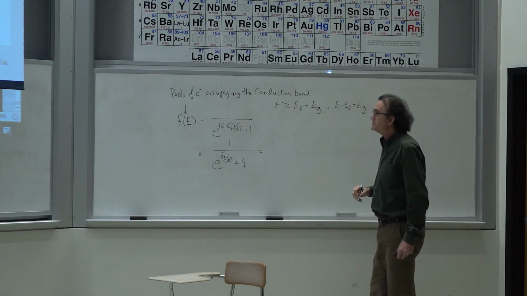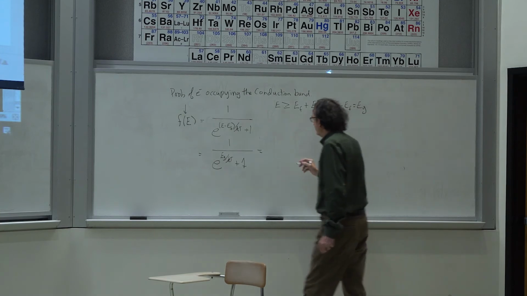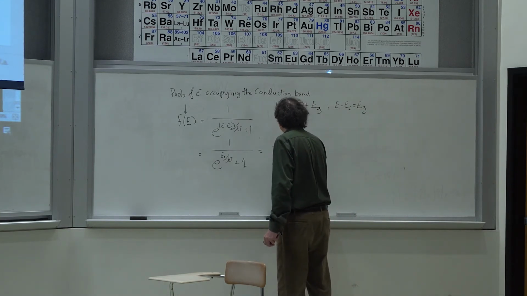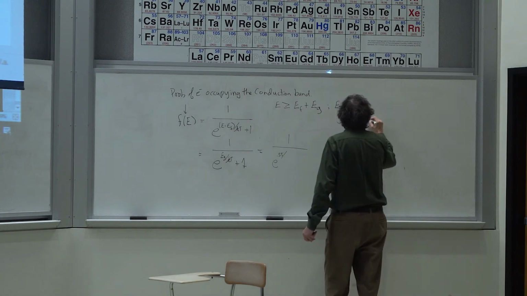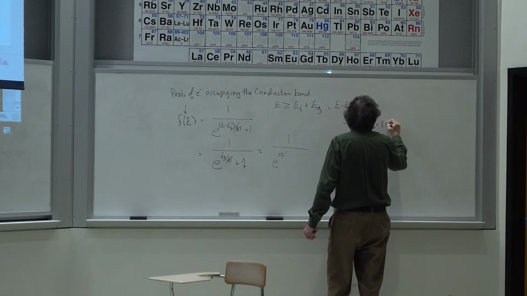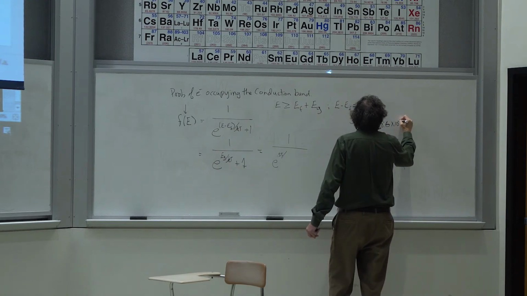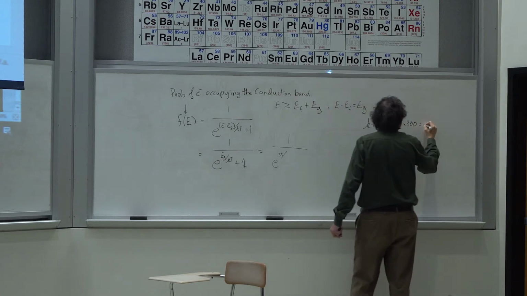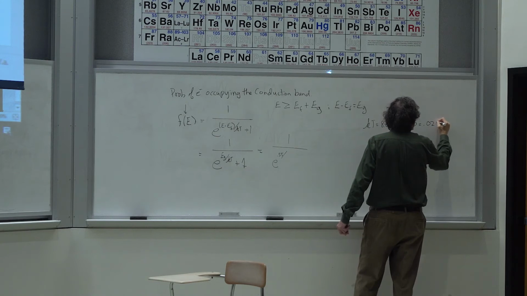So now E_G in this case is only of order half of an electron volt. So I do e to the 0.55. Then I evaluate kT for room temperature, which is 8.6 times 10 to the minus 5 times 300. So this is of order 0.025 eV.